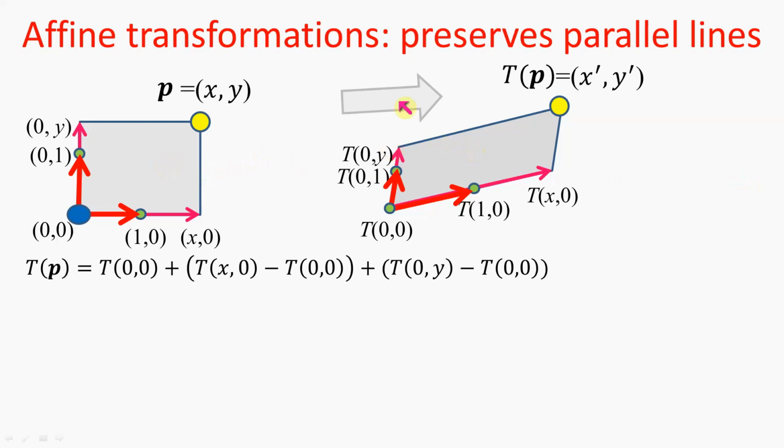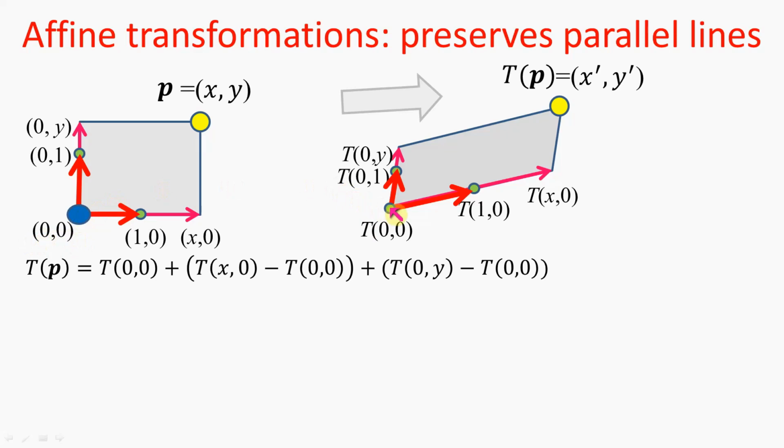Let us express Tp, or (x', y'), from the coordinates and basis vectors of this coordinate system. In order to reach Tp from the origin of the coordinate system, first we have to move to the image of the origin. By image I mean the point that is the result of the mapping of the origin, or in Cartesian coordinates (0, 0), having applied the transformation.